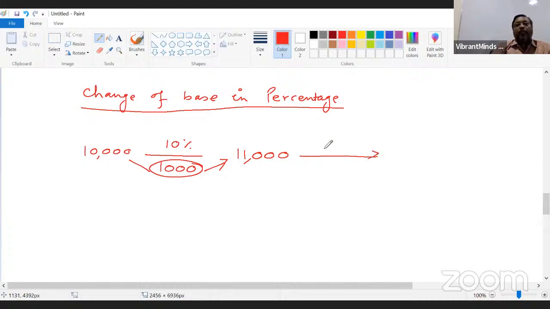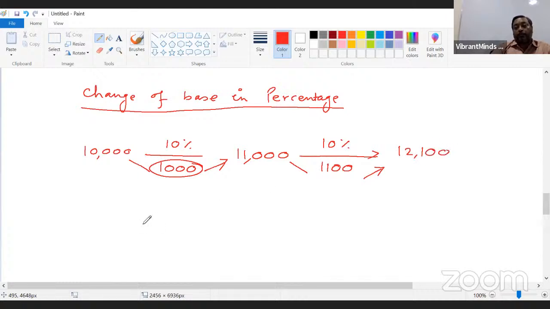Suppose once again he gets a raise of 10%. So can we say this 1,000 will come over here? No. Now the base for the percentage calculation is this 11,000. So 10% of 11,000 will be how much? It will be 1,100. Now, when we add it, what he will be getting in the next year is 12,100.